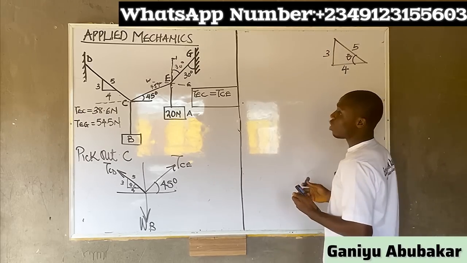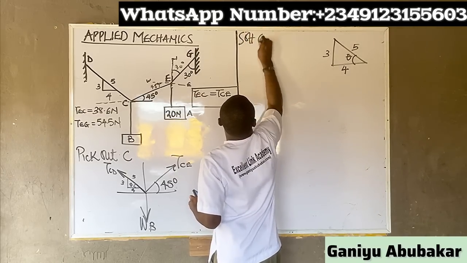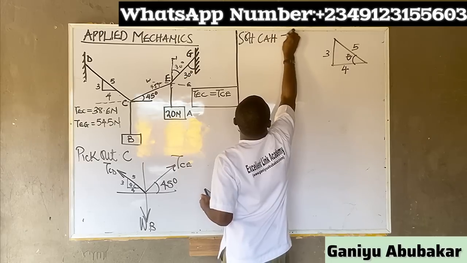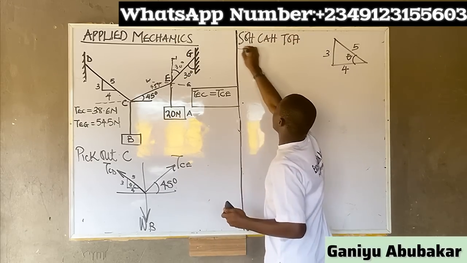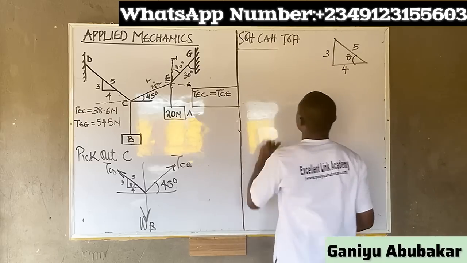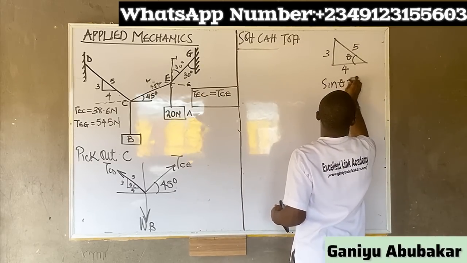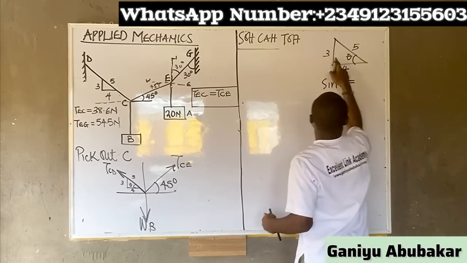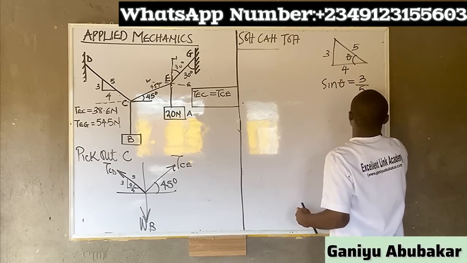If I apply SOHCAHTOA, for sine, sine theta is equal to opposite, 3, over hypotenuse, 5.